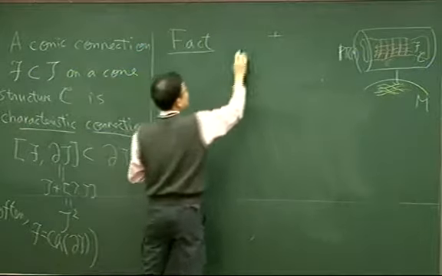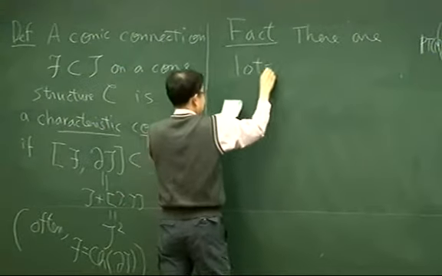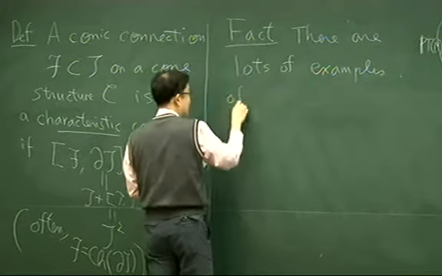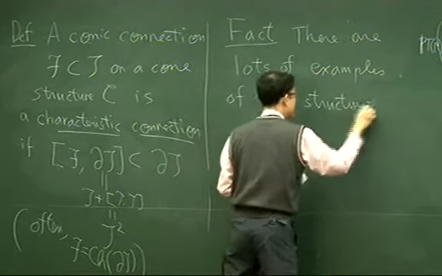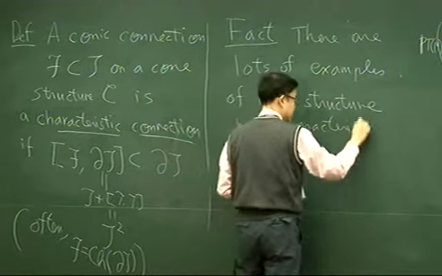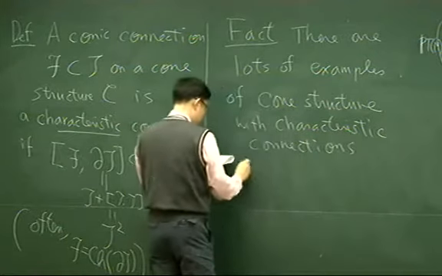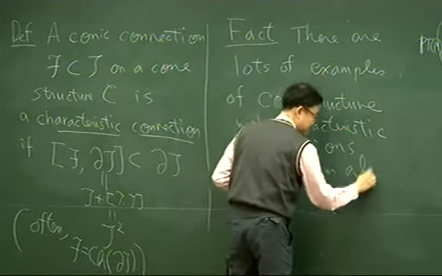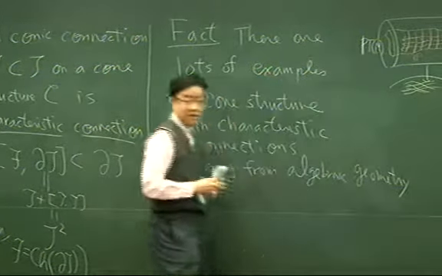But the fact is that there are lots of examples of cone structures with characteristic connections arising from algebraic geometry.